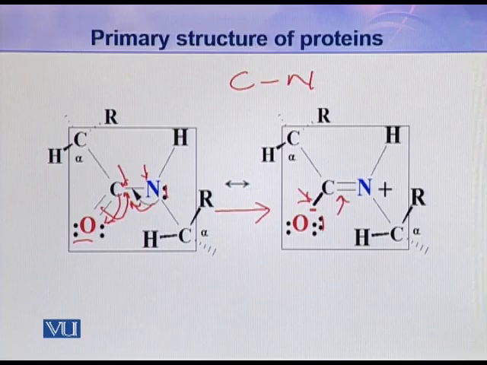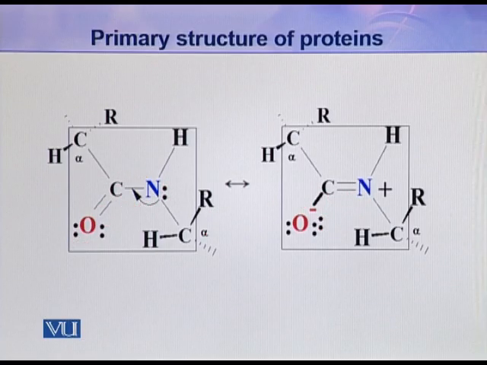Again, when the lone pair goes back to carbon and then to nitrogen, the double bond is shifted back to here. So the peptide bond becomes single and C=O becomes double again. In this way, the peptide bond is a resonance hybrid. It is a partial double bond. That's why it is shorter than the normal C-N bond.